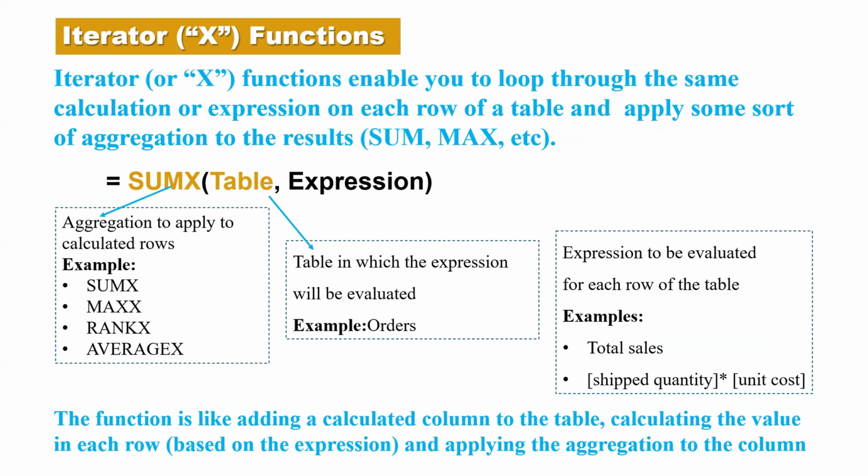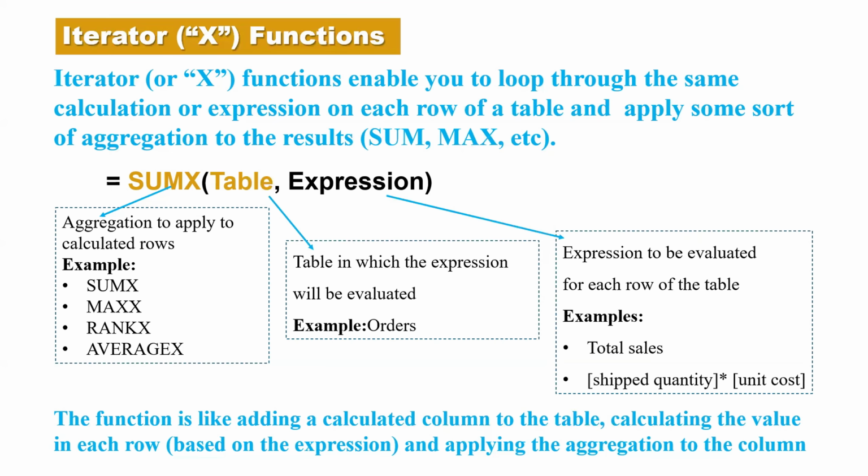The second argument is the expression, in other words, the calculation that gets evaluated for each individual row. This might reference a measure like total sales, or it could be a mathematical operation, such as multiplying the values from two different columns.